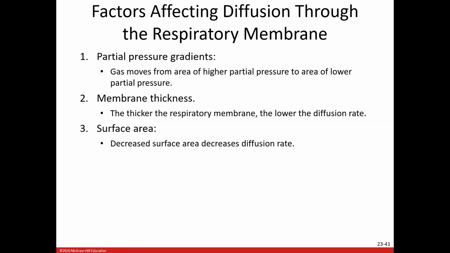The reason there are so many branching structures with the bronchi is to increase the surface area. Because we'll have a greater surface area because of all those branches, we'll have an increase in the amount of diffusion we can have, meaning we can get more oxygen to our tissues. So greater surface area means greater diffusion rate.